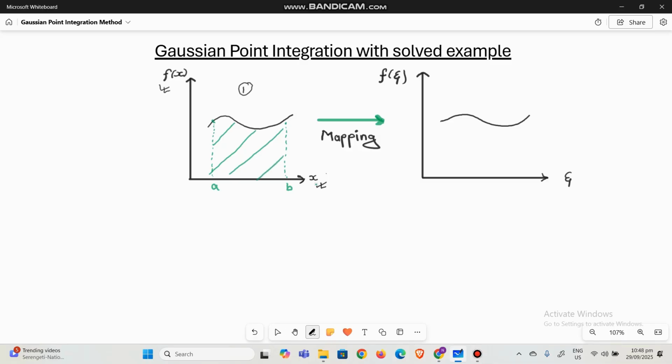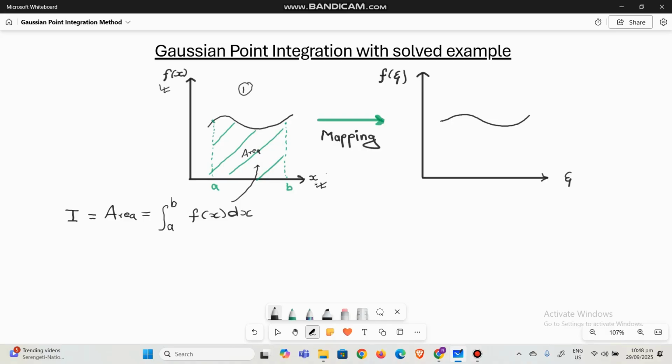Then our traditional way would be to do it directly. For example, integration value, which is equal to the area under the curve, is given by integration from point A to point B of f(x) dx. If you do this, then you're going to find this area, right? It is going to give us this area.